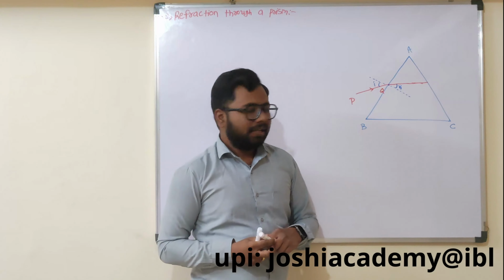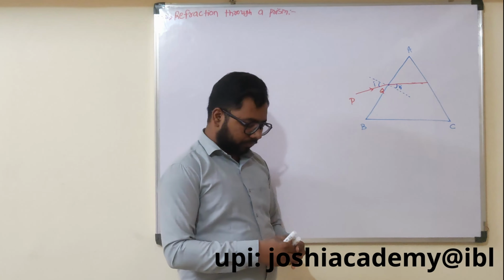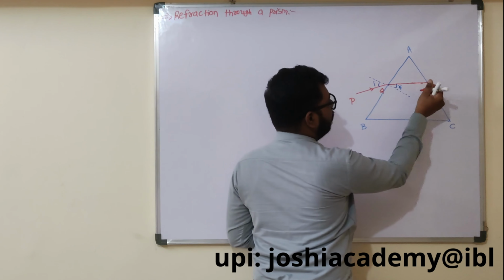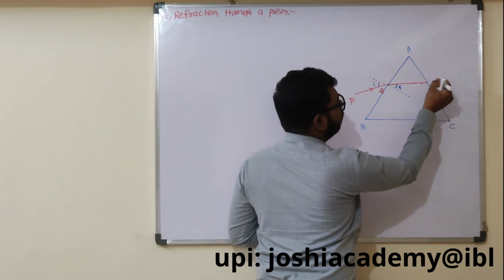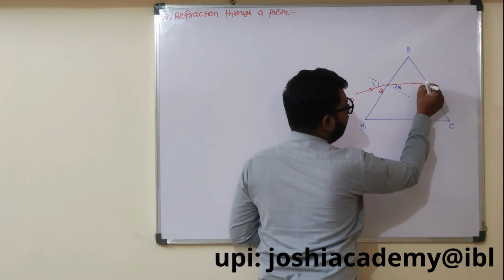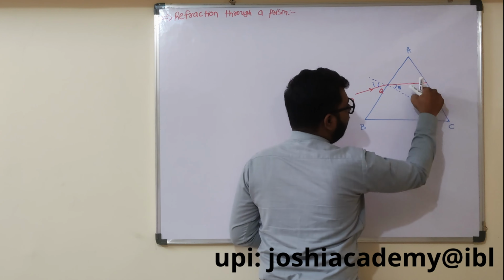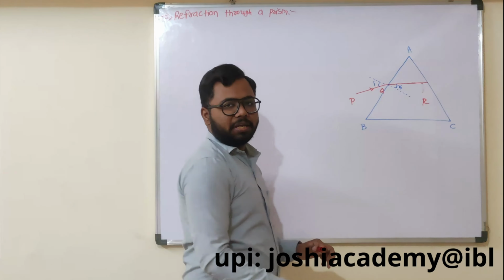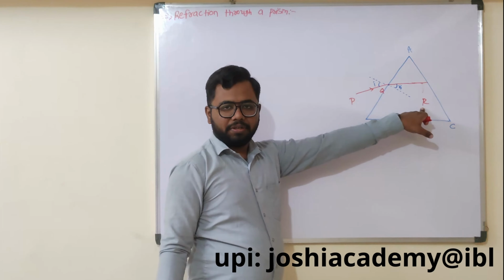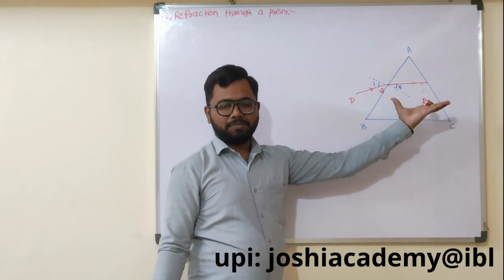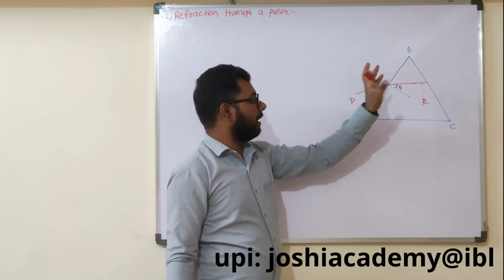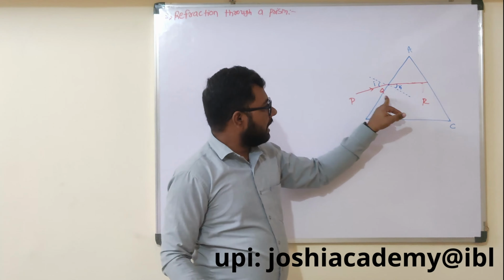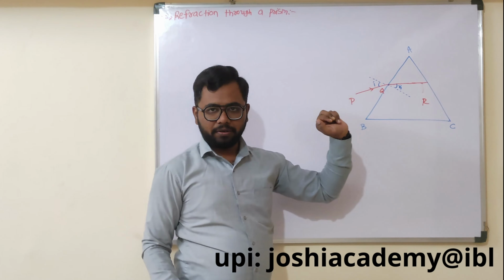Now let us consider this beam as the beam QR. I'm not going to write it down right now, but I am keeping the symbol around here. So this is the refracted ray QR.